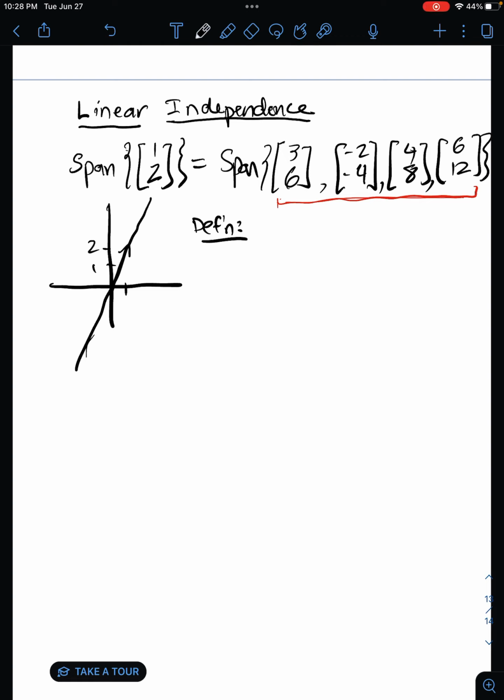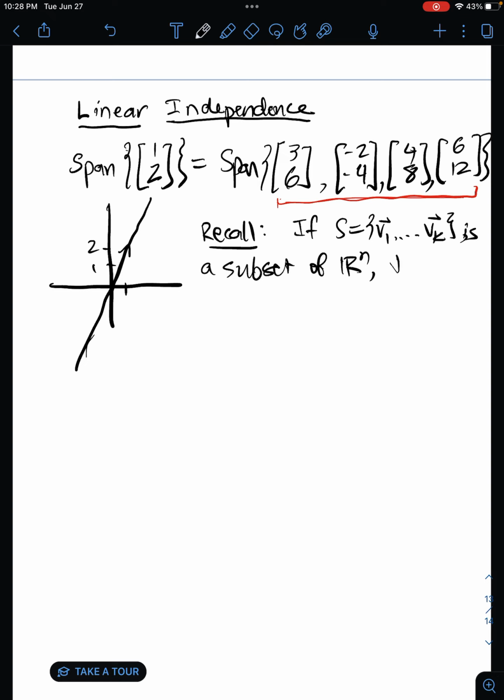Before we get to the definition, to provide some context, recall that if you have a set of vectors v1 through vk, and these are all in the same Rn, so it's not like v1 is in R2 and v2 is in R3, so this is a subset of Rn, then the zero vector is a linear combination of v1 through vk.